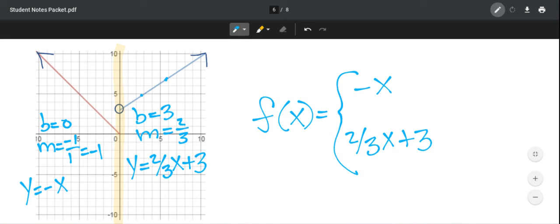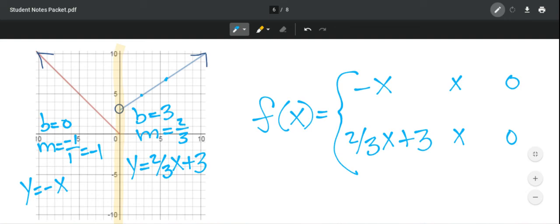Okay, so here are my two equations. They both cross the y-axis at nice numbers, which is awesome because then you can just keep it in y equals mx plus b. If it's not, then you have to do the other way that we just did the previous example. Now for your domains, the boundary is at 0 on both, okay?